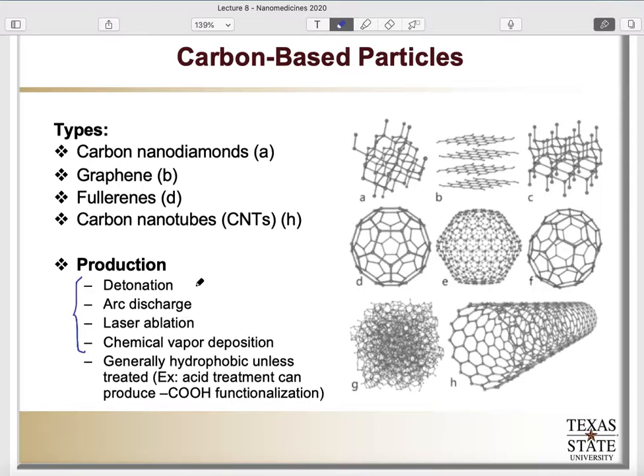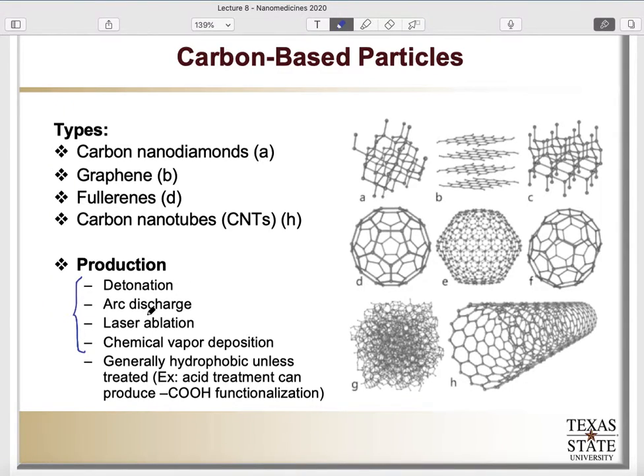I should say before I move on, if you look at all of the methods, they actually all have something in common, and that is that they involve the heating of the carbon precursors to very high temperature. In detonation, obviously, the explosion is not only the source of the carbon, but also the source of the high temperatures, leading to the formation of the nanodiamonds. In this case, the explosives themselves are the source of the carbon typically.